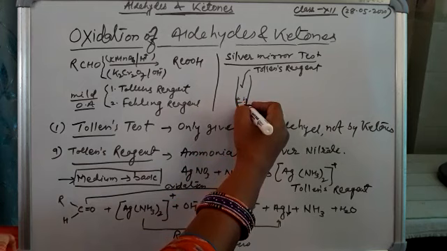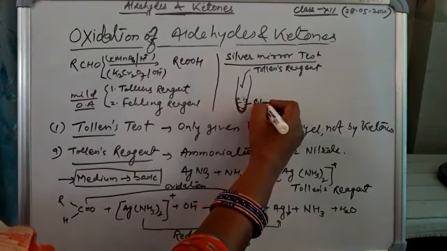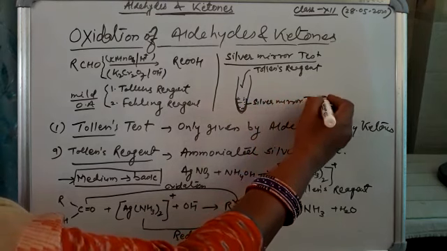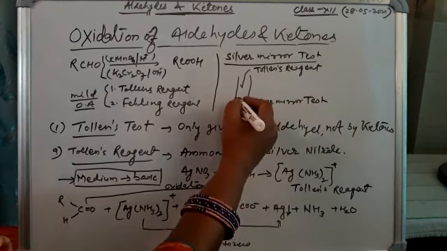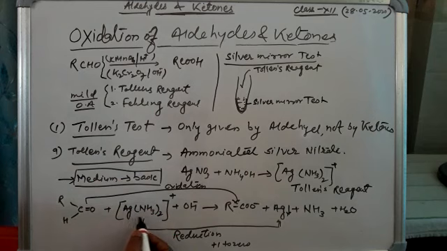So this is known as the silver mirror test. Remember, on the inner wall of the test tube there will be deposition of silver because in this reagent silver is present.